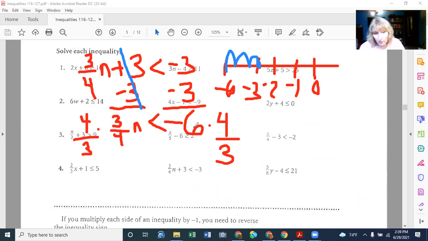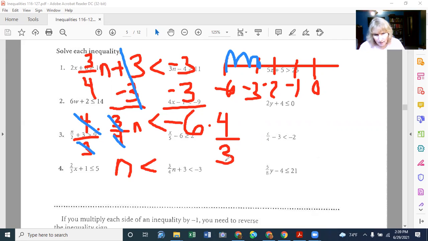Notice how -6 times 4/3 is the same as -6 divided by 3/4. So now my 3's cancel out, my 4's cancel out, and I'm just left with n on the left side. N is less than, and now I got to solve this part over here. So I've got some canceling I can do.